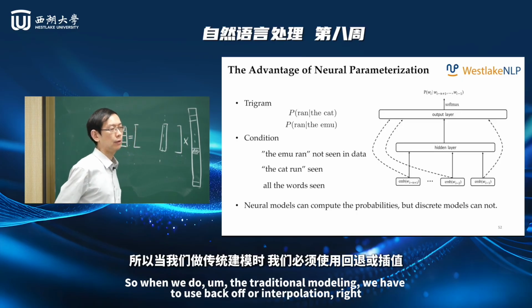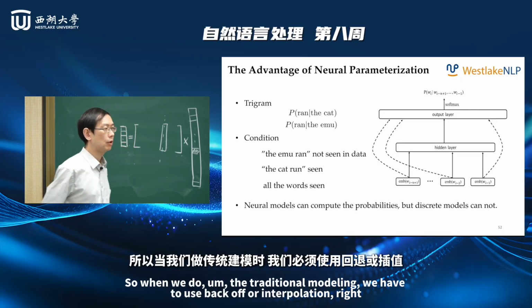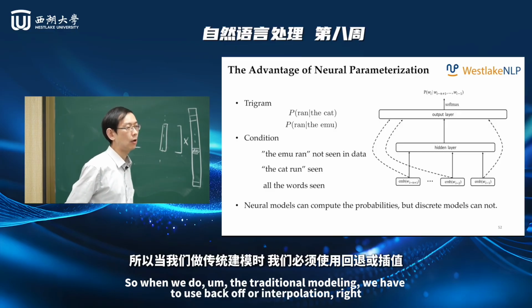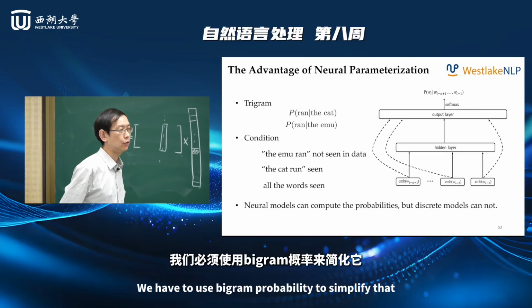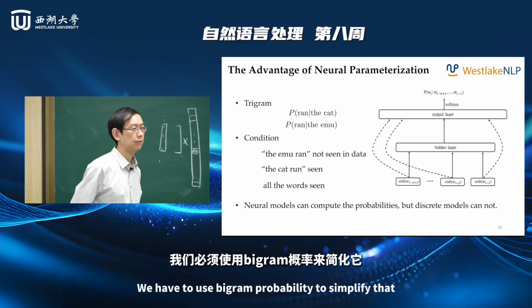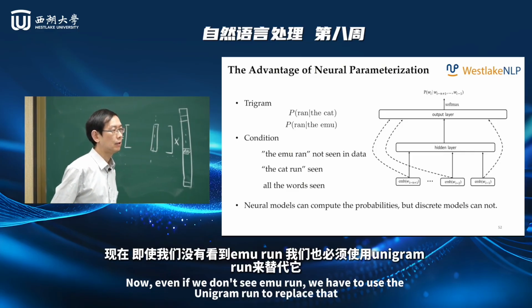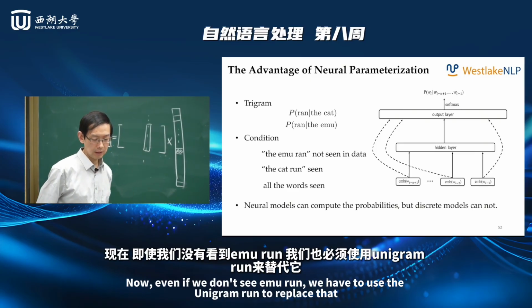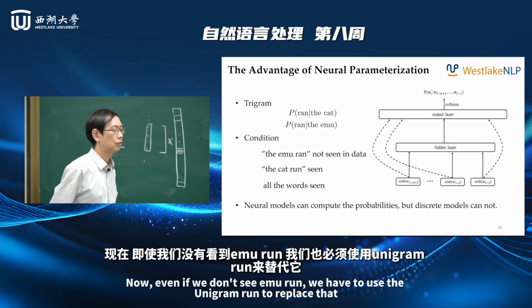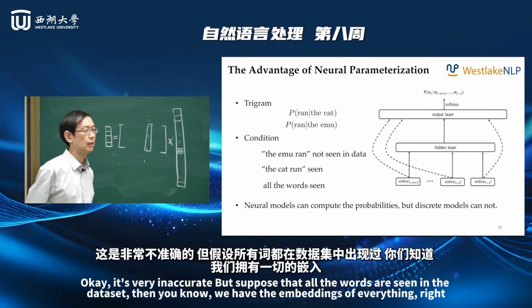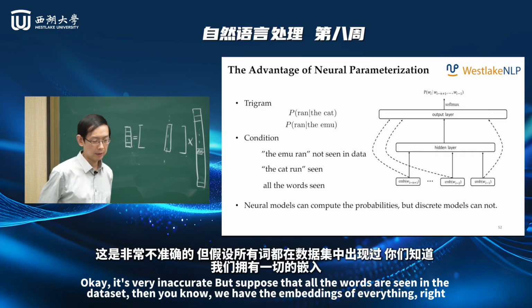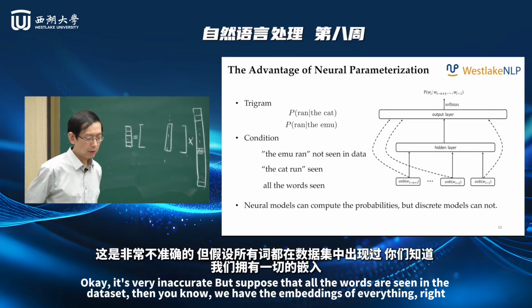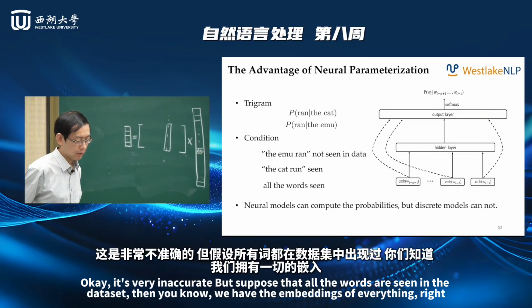When we do the traditional modeling, we have to use backoff or interpolation, using the bigram probability to simplify. Even if we don't see "emu run", we have to use the unigram "run" to replace that. It's very inaccurate.